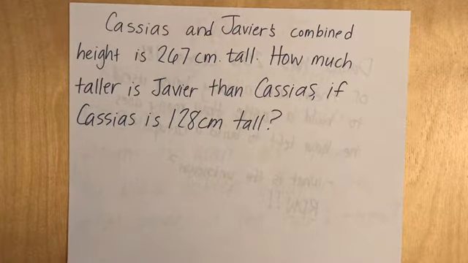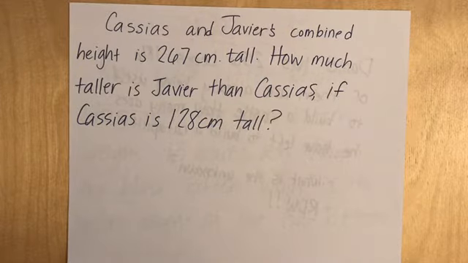Who are the characters? Okay, so I've got this person named Cassias and this person named Javier, so I can imagine who they are. And their combined height is 267 centimeters tall. So if they were to stand on each other's shoulders, they would be 267 centimeters tall.